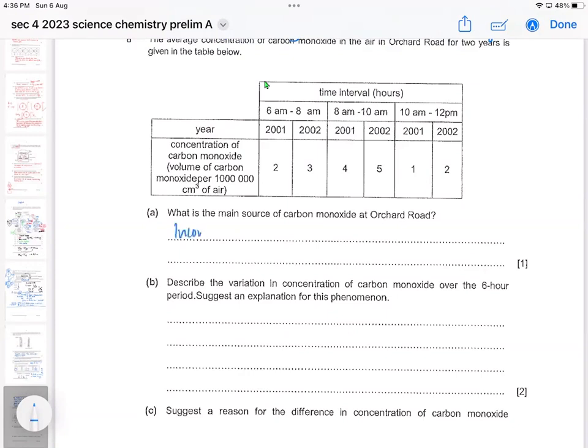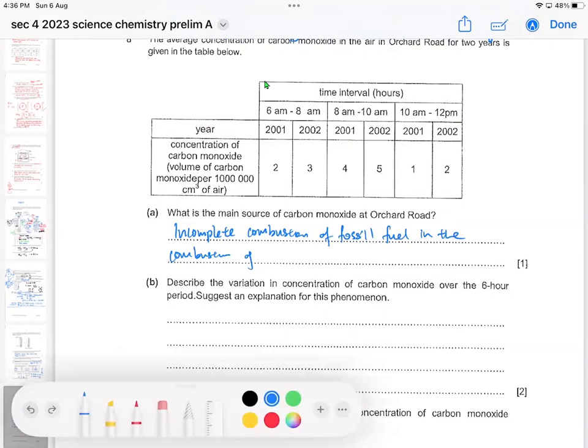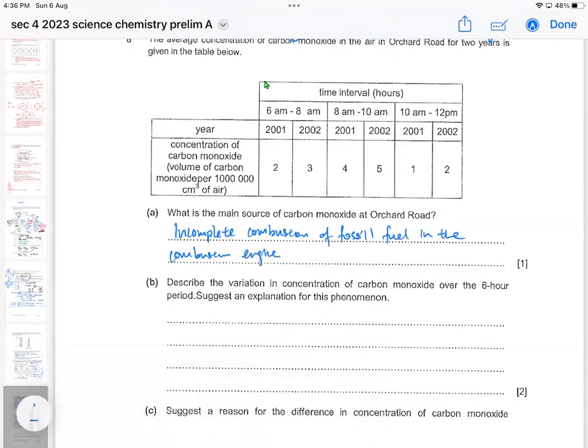So the proper phrasing will be incomplete combustion of fossil fuel in the combustion engine of cars. Do not say burning of fuel. Burning of fuel may not produce carbon monoxide. It has to be incomplete combustion.